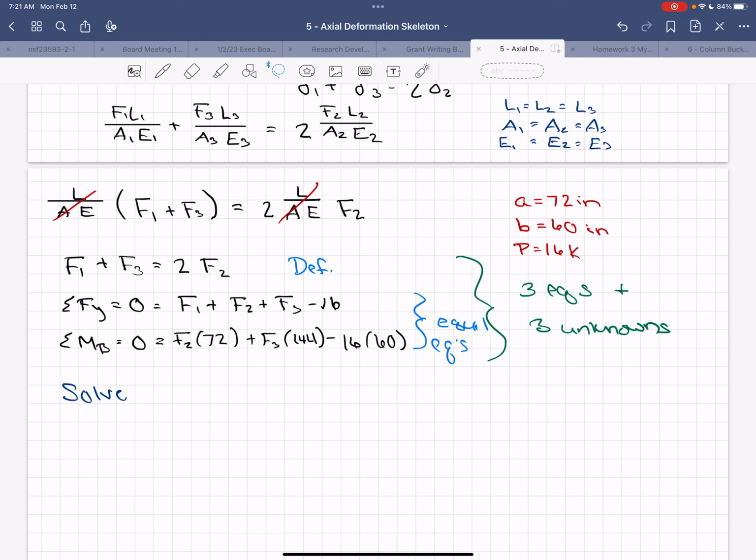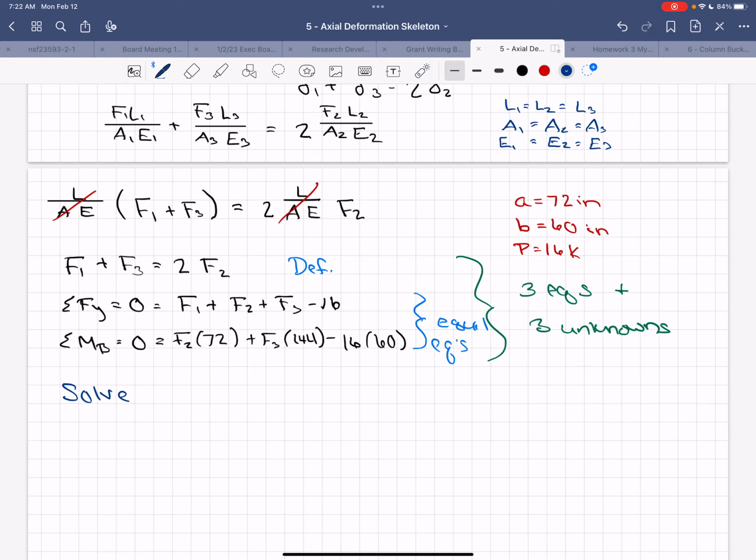So we're going to substitute in the F1 plus F3, which is here, equals 2F2. So we need to finish solving.